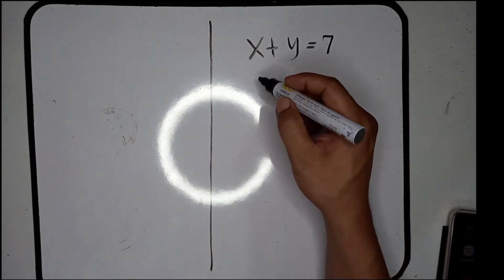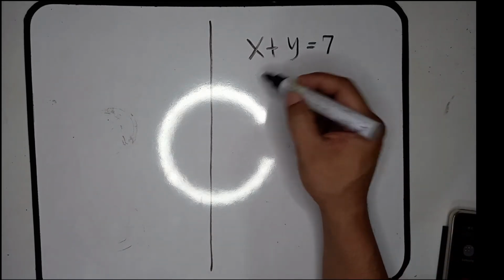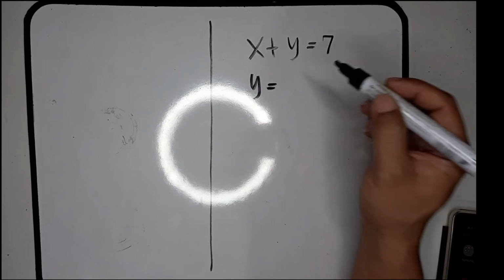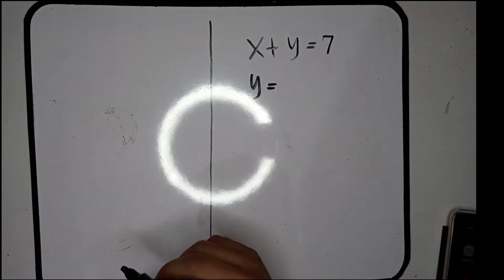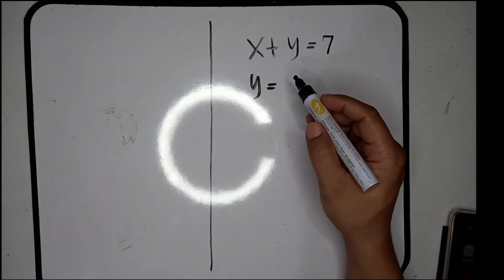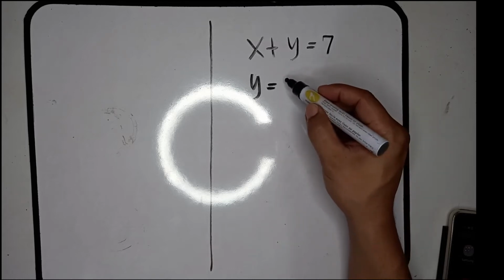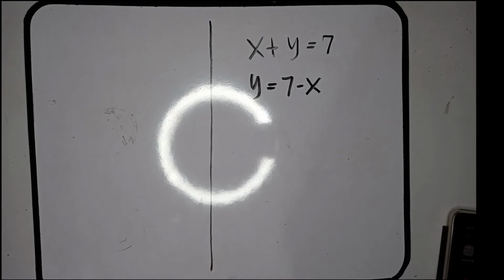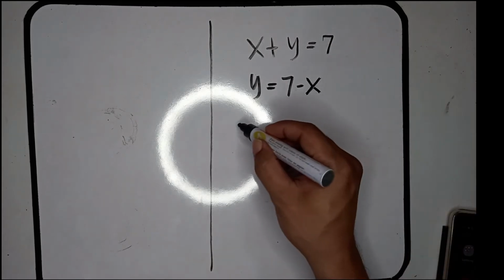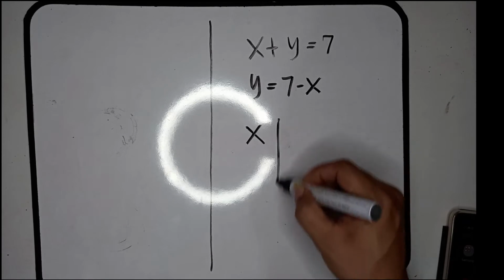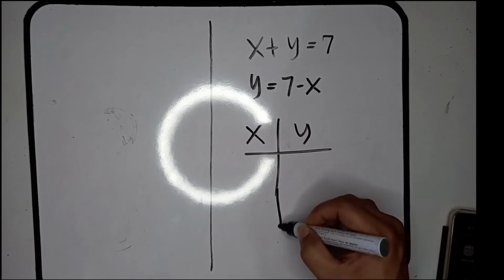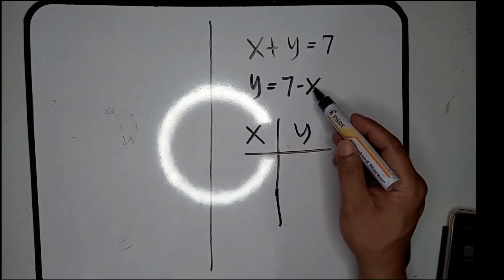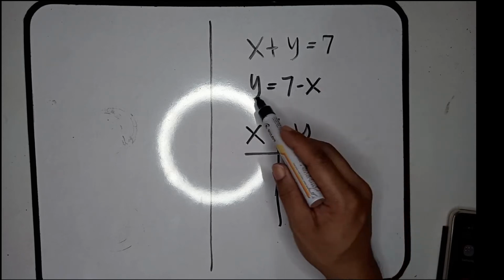Let's say we have here y equals 7 minus x. Okay, and then we can create a table so that whatever the value of x, we subtract it from 7, and that will become the value of y.